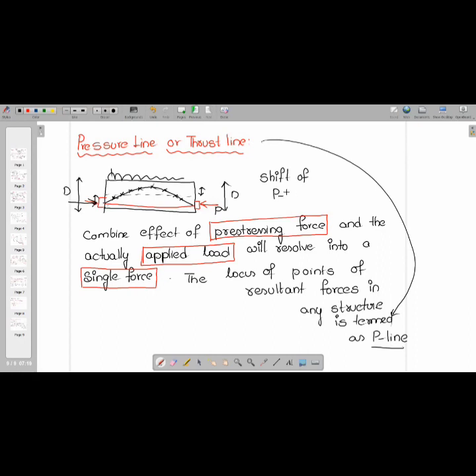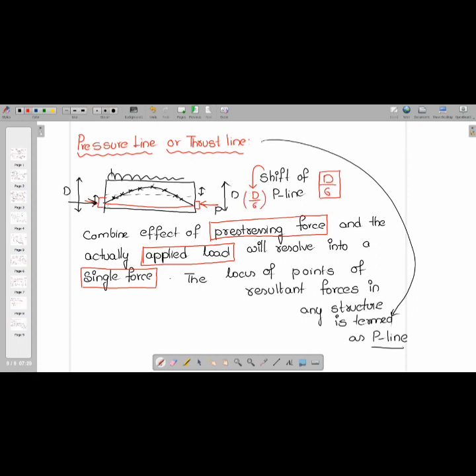The shift of P line is D upon 6. The shift of the pressure line is D upon 6.